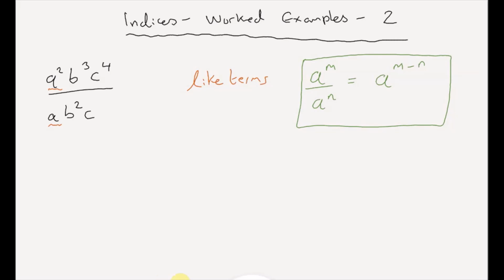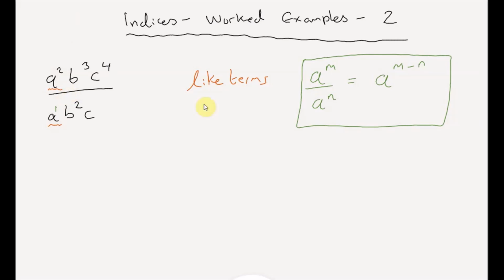We've got a to the 2, or a squared, and we've got a. And what's this one? Remember from the last video, if there's no index there, there's actually an invisible 1, so I'm going to put that in there in green, a different colour for you.